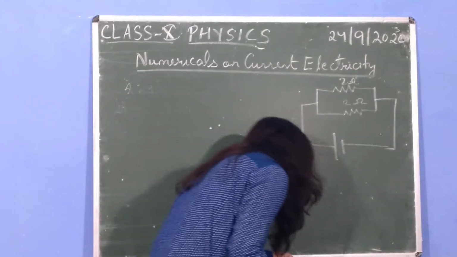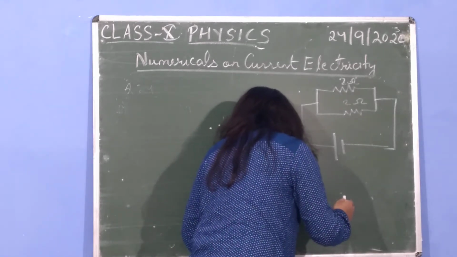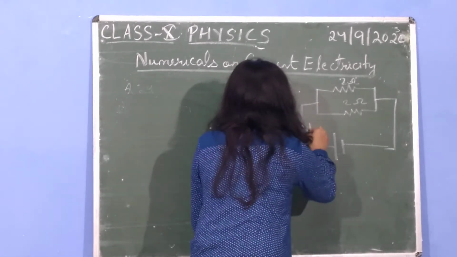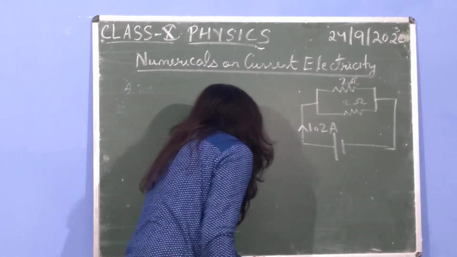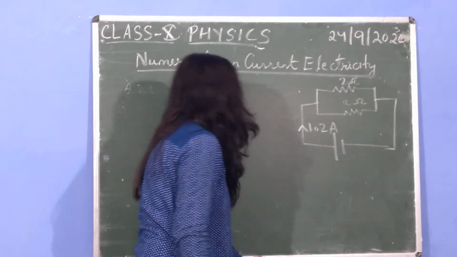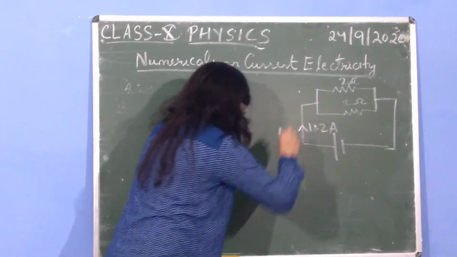Now the current for this one is 1.2 ampere. This is the circuit diagram for the given question.